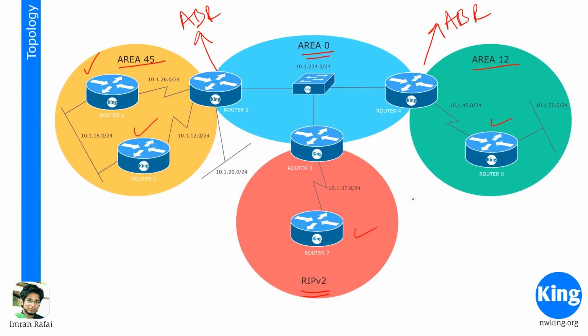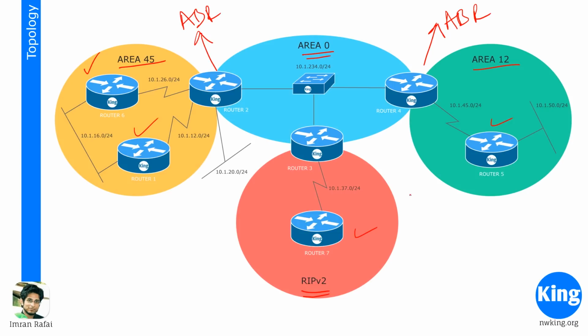Maybe it's an acquisition, you've taken over that company and now they're running EIGRP or RIP, and you have always been working on OSPF. What do you do? You can't just overnight move all of them to OSPF, even though that's what you would want to do over a period of time, but in the interim you need to do something, right? You need to work with those systems. How do you do that?